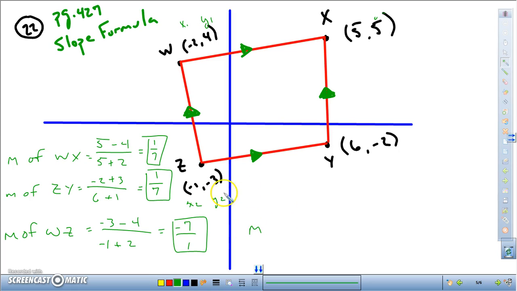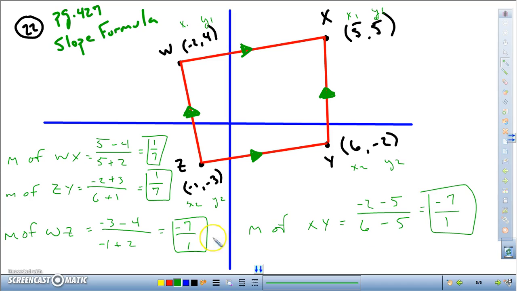Lastly, I want to find the slope from X to Y and hope it's the same as this, proving that these two lines are parallel, making my quadrilateral a parallelogram. So the slope of XY, we'll label our points, X1, Y1, X2, Y2, and plug into our formula. Y2 minus Y1 over X2 minus X1, and again I get negative 7 over 1. So I know that the quadrilateral is at least a parallelogram at this point.